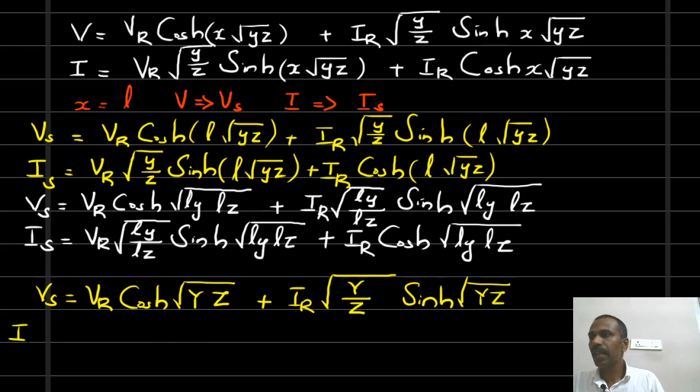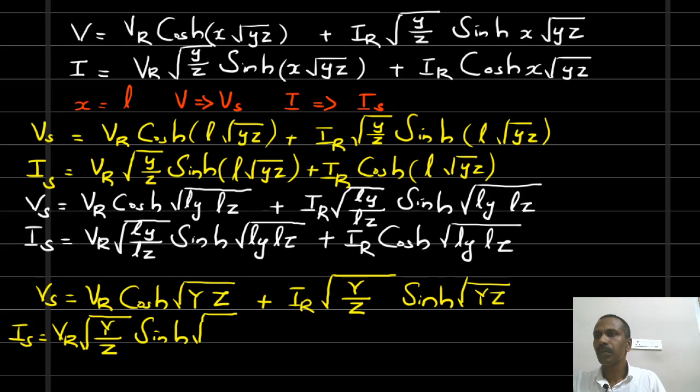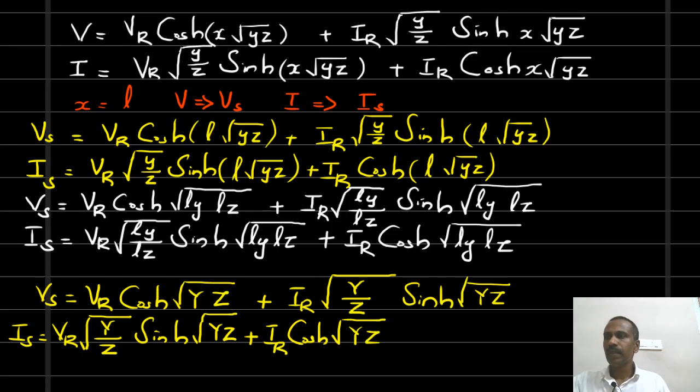And the current equation Is equals VR into root of Ly by Lz. It becomes root of Y by Z, total admittance by total impedance, into sinh root of YZ plus IR into cosh root of YZ. These are the expression for the sending end voltage and the sending end current.